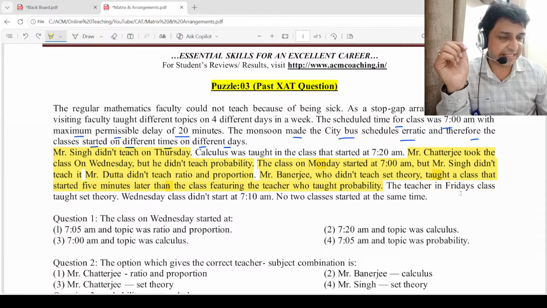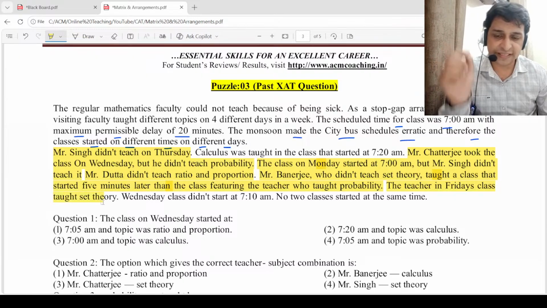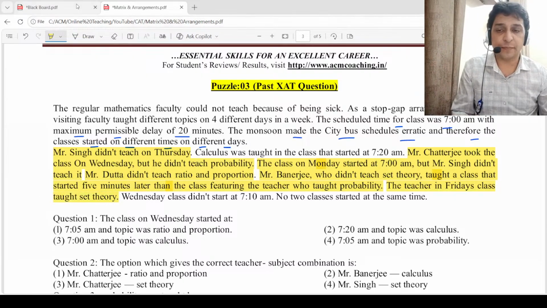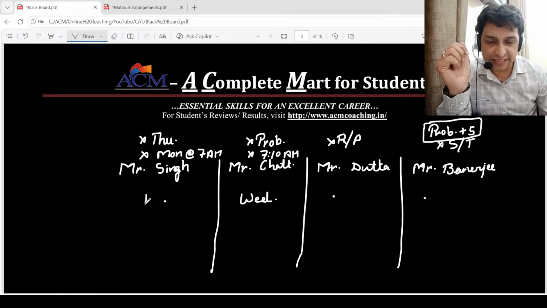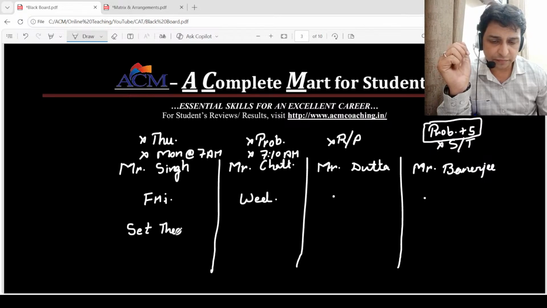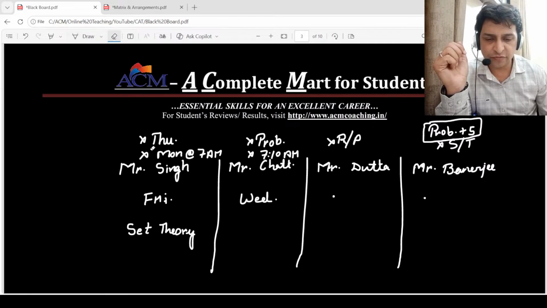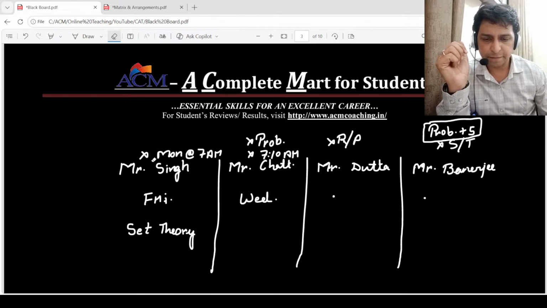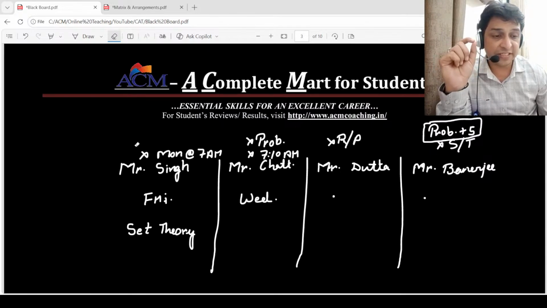The teacher in Friday's class taught set theory. Now this information we can pick up. That means Mr. Singh taught on Friday and he taught set theory. So the information which has been used, we don't need Thursday here. And Monday we still are not aware about.